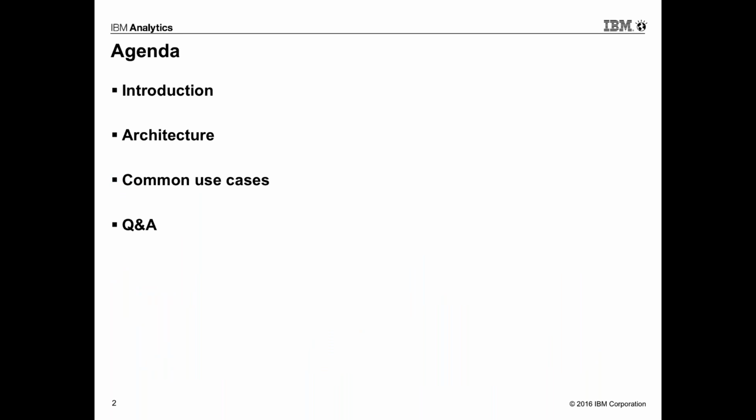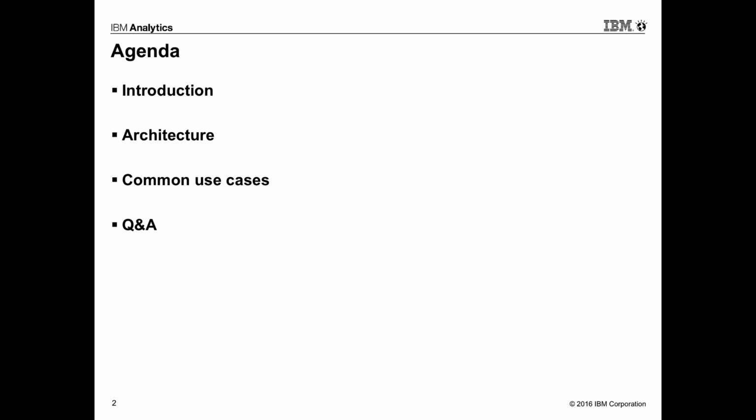Here is just a quick view of the agenda. Like I said, I'll introduce what this IBM Big Replicate is all about, and I'll go into a little technical detail about its architecture and how it technically resolves these challenges when it comes to enterprise data replication.